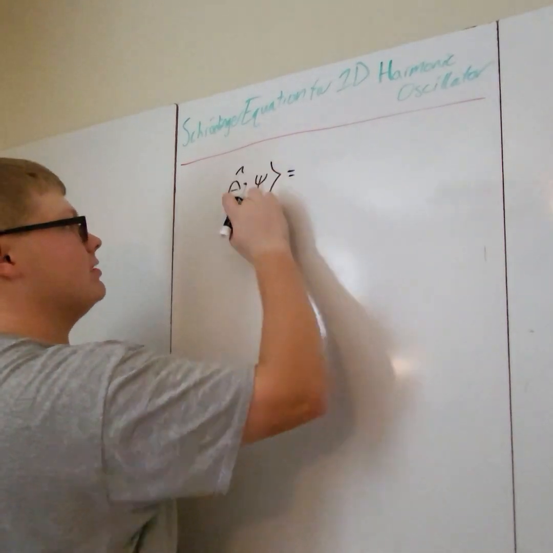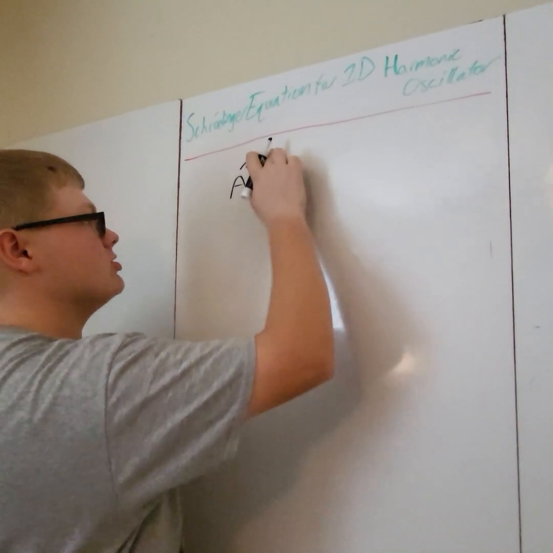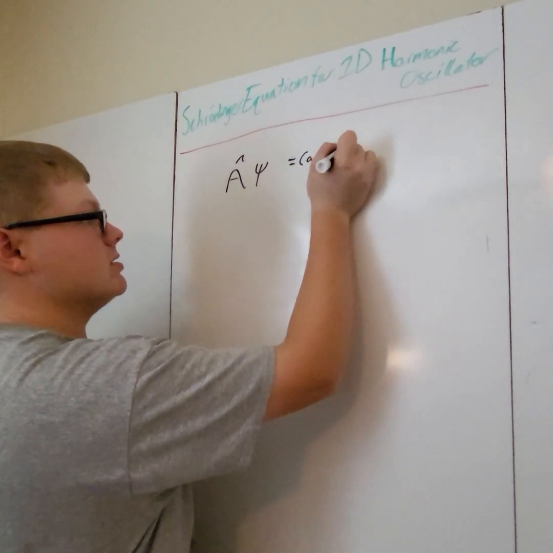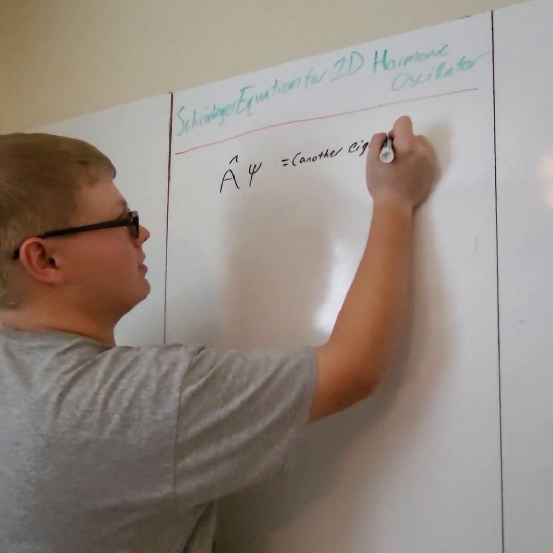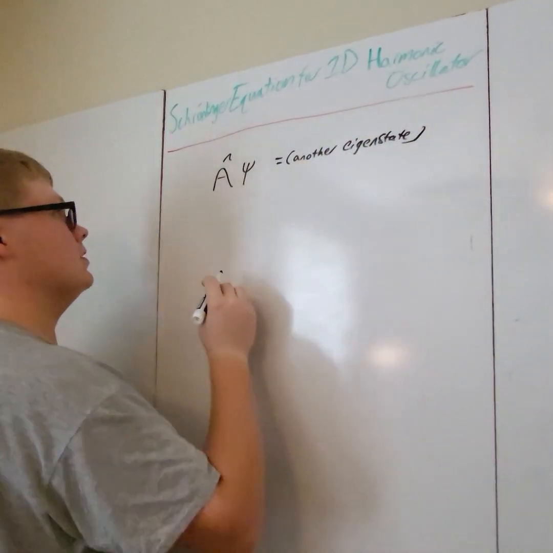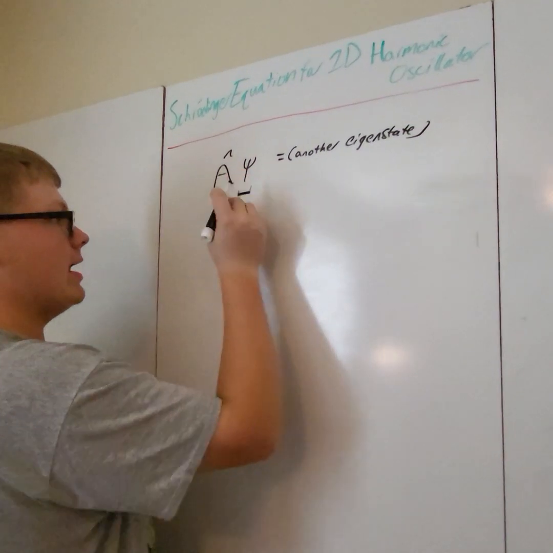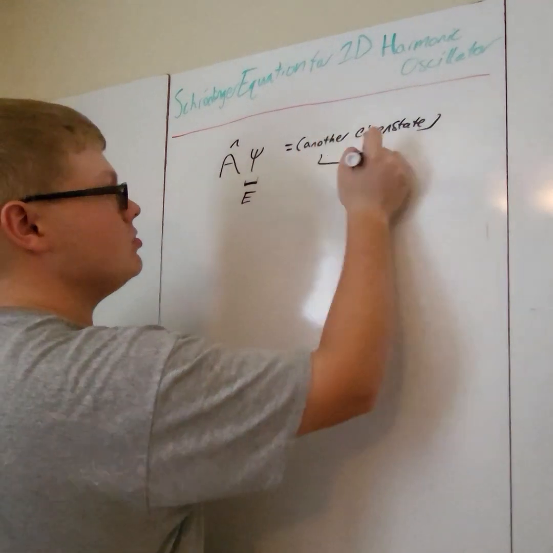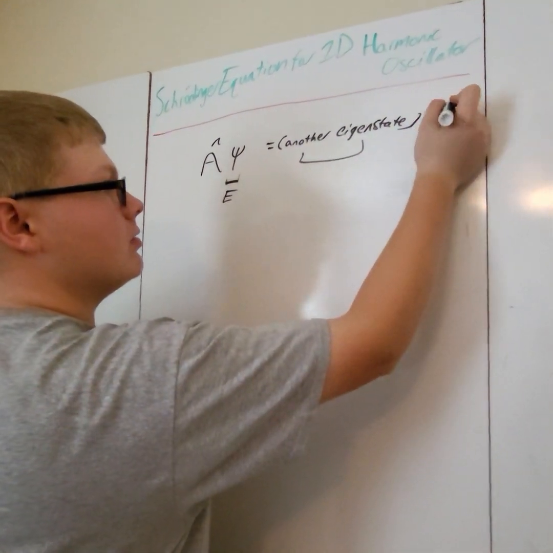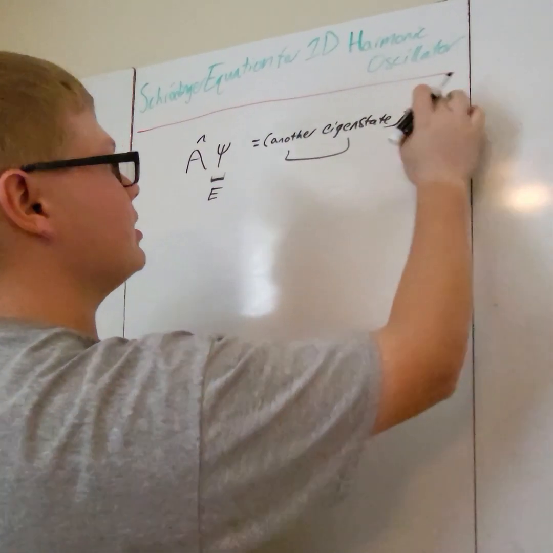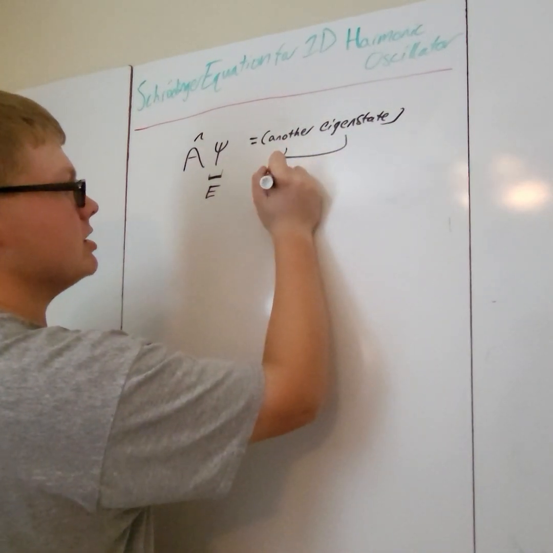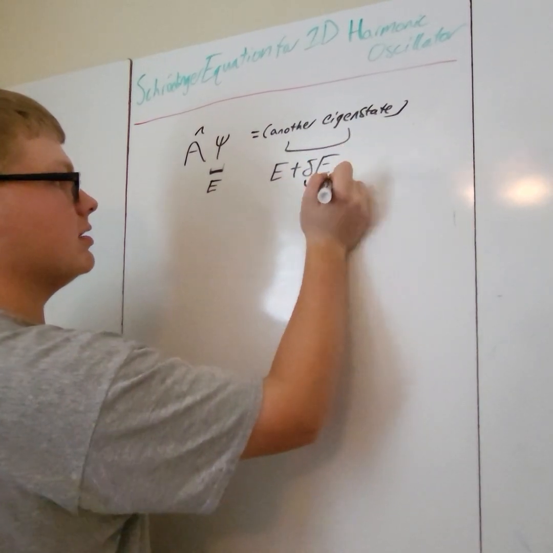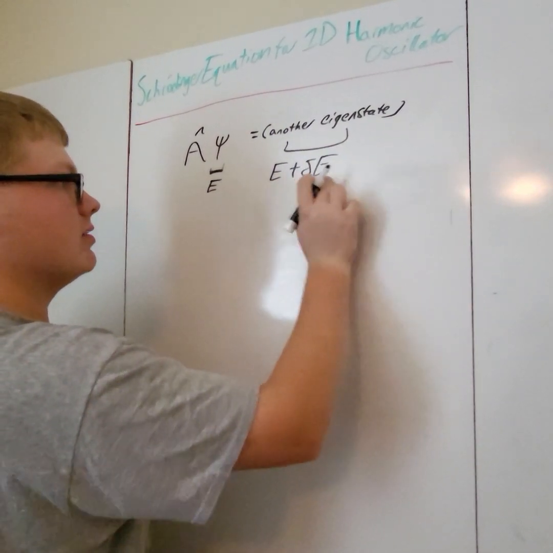And when you act on that, here I'm not going to use bra-ket notation yet, you get another, different eigenstate. Now the original eigenstate only had the eigenvalue of E, and this new eigenstate has the energy eigenvalue E plus the difference between them, delta E.